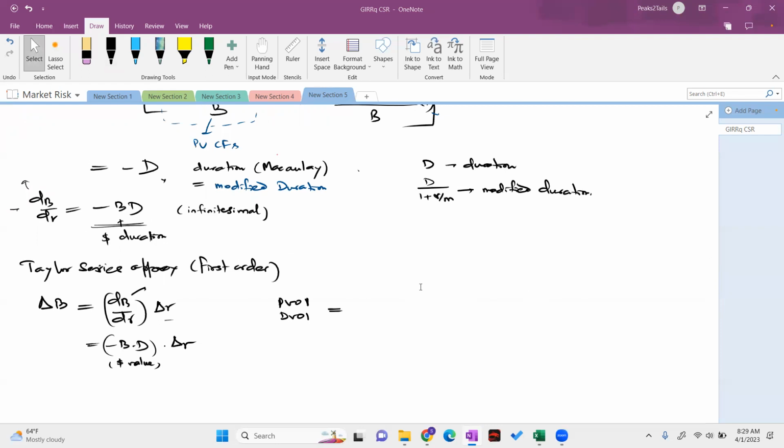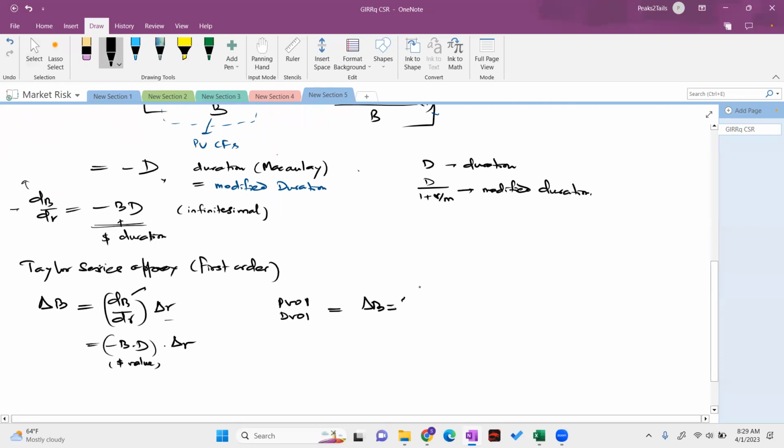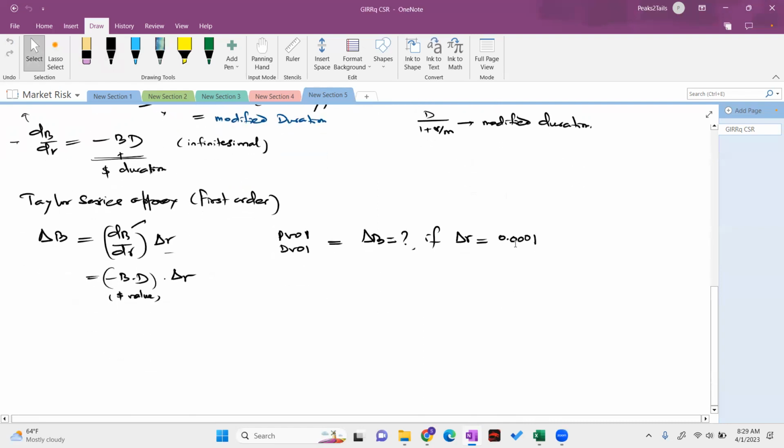So essentially this is how much delta B is if delta R is 0.0001. That's 1 basis point. How do you remember how many zeros? The easiest way to remember is that 1 basis point is 1% of 1%.